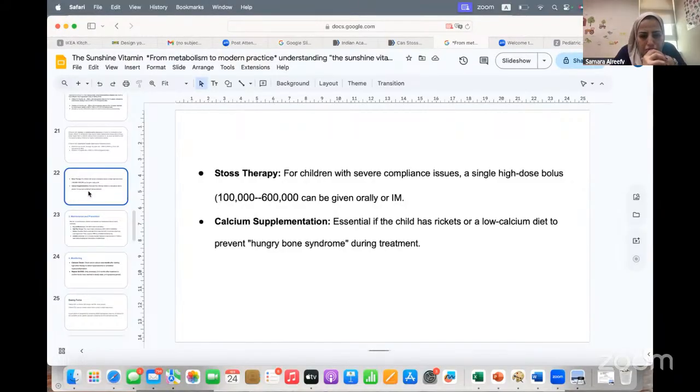That would require evaluation of 1,25, where 1,25 is high is one category. These are genetic causes. Where 1,25 is normal is another category. And again, the treatment goes in different lines in both of these categories of rickets.